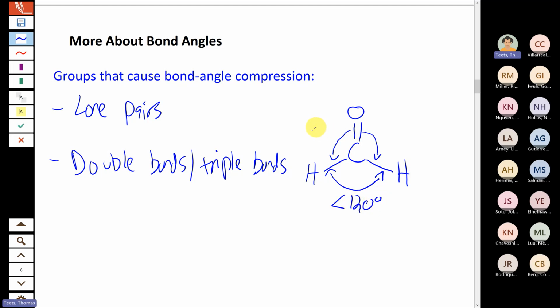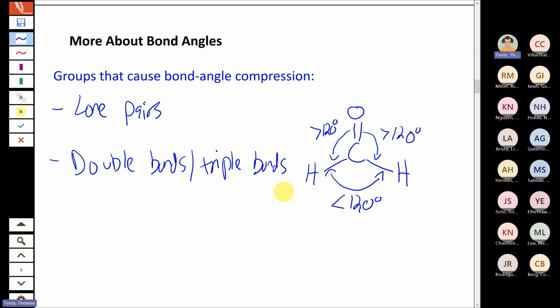That would make these ones a little bit bigger. The whole thing is still planar, but if you make one angle smaller, you make the other 2 bigger to accommodate that. So we get a little bit of a distortion of the bond angle because the double bond has more electron density and pushes down a little bit harder. That's at least a prediction you would make. It doesn't always happen because there are other, more subtle factors, but it's a common thing you'll see.